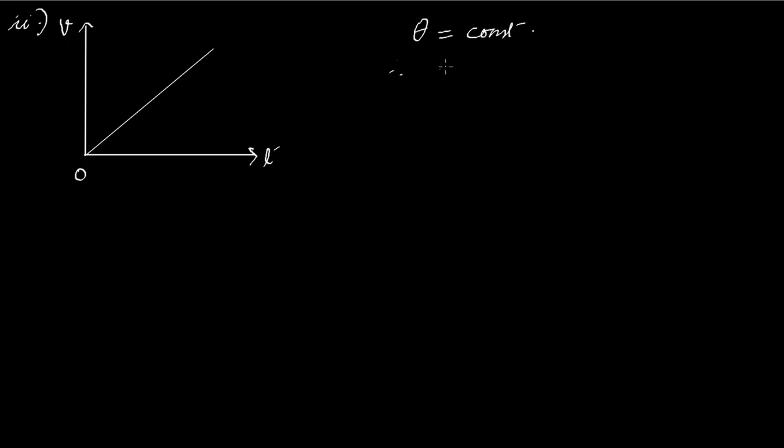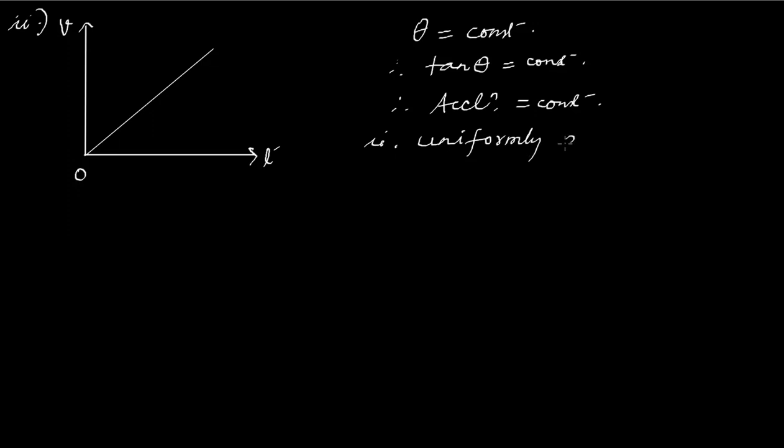So therefore acceleration, so tan theta, first of all, it is constant, right? So if the slope is constant, therefore acceleration is constant. Got it? So this is uniformly accelerated motion.